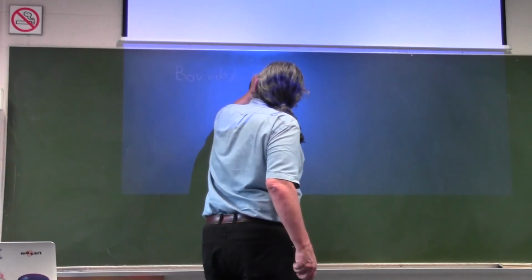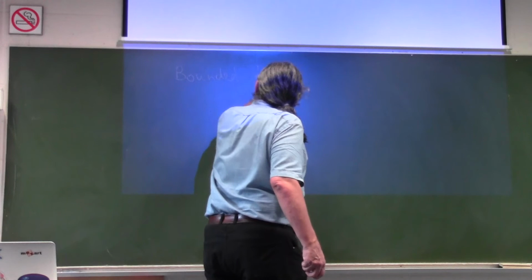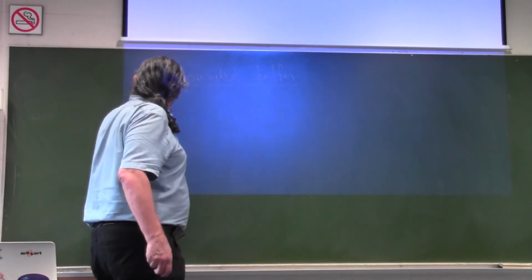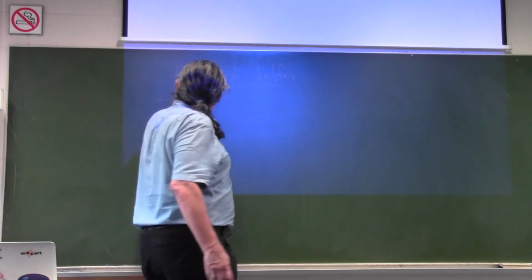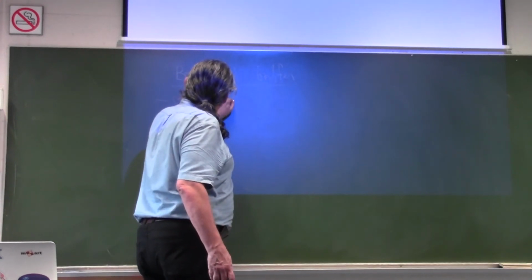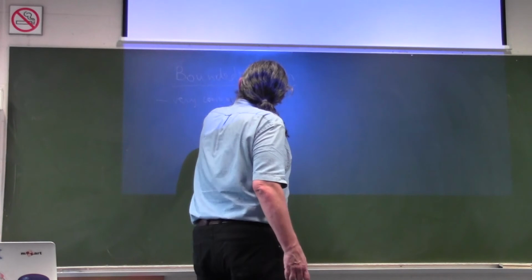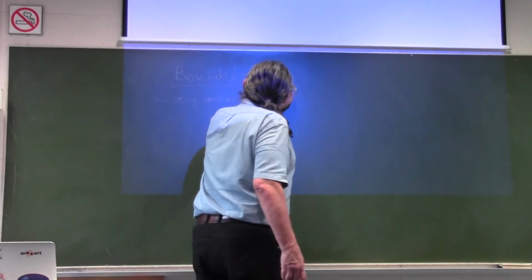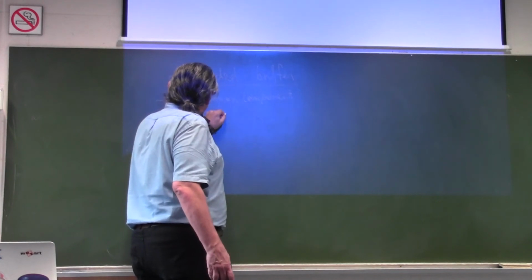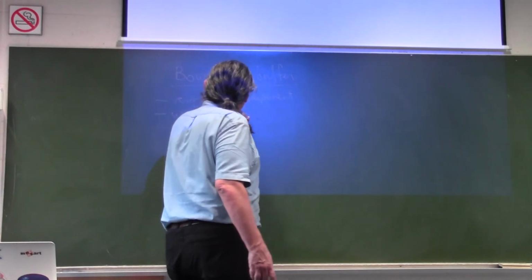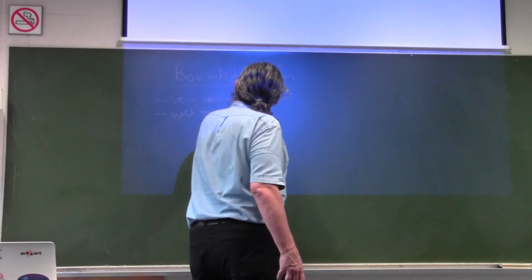So bounded buffer. What's the idea of a bounded buffer? A bounded buffer is actually used everywhere. It's a very common component. It's used to smooth the difference in speed between producer and consumer.